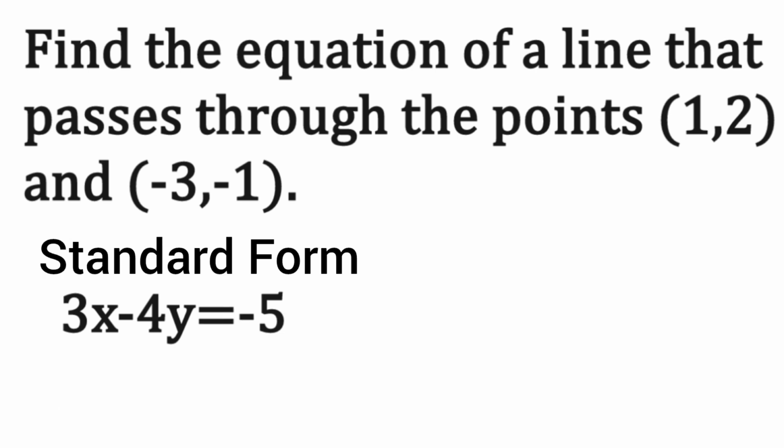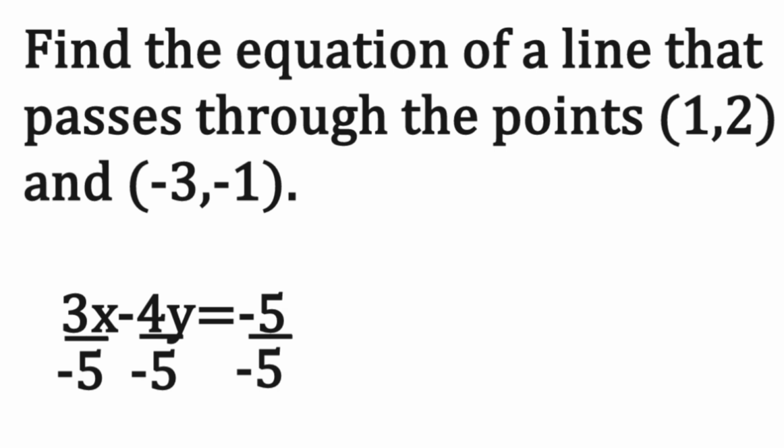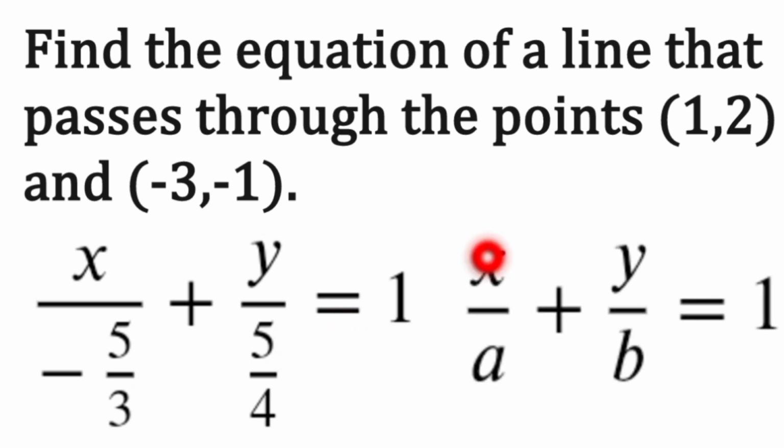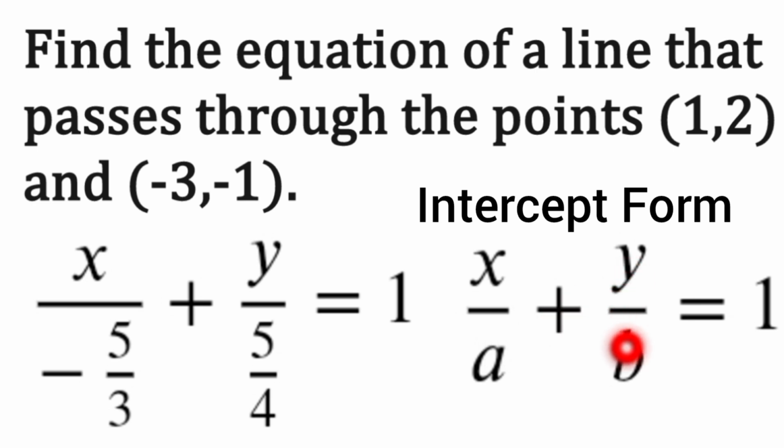Using the standard form, we can transform this into the intercept form by dividing both sides of the equation by negative 5. Here we have x over negative 5 over 3 plus y over 5 over 4 equals 1. This follows x over a plus y over b equals 1, the intercept form.